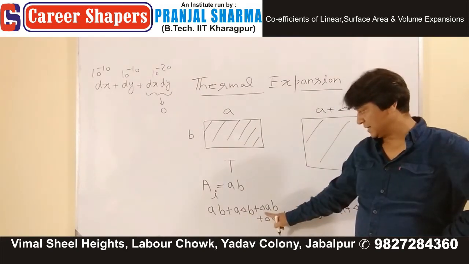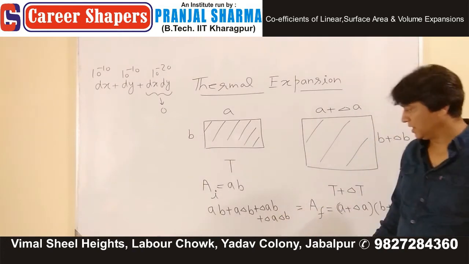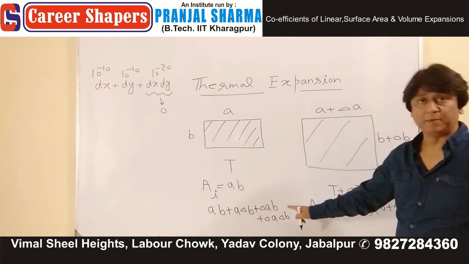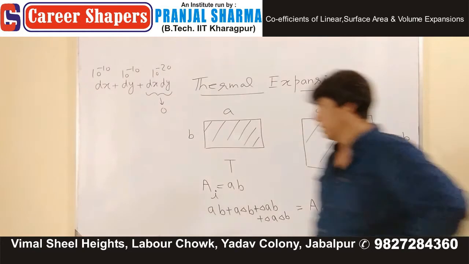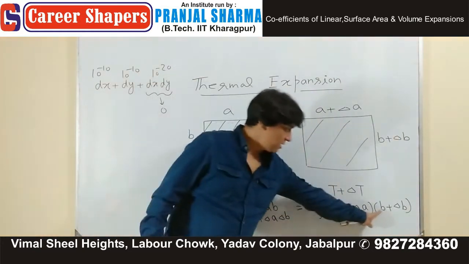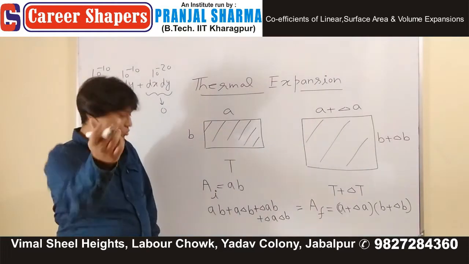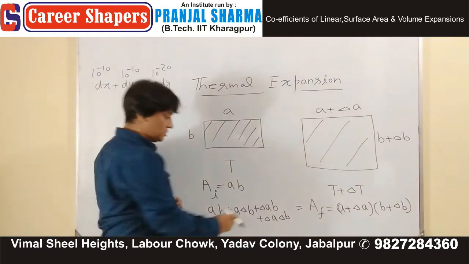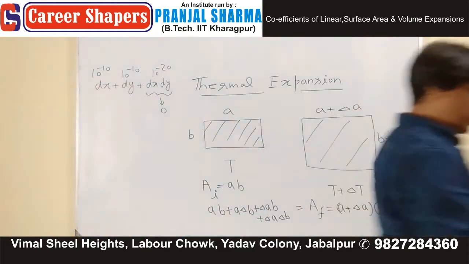Remember, this is delta A multiplied by B. This is not delta of AB.